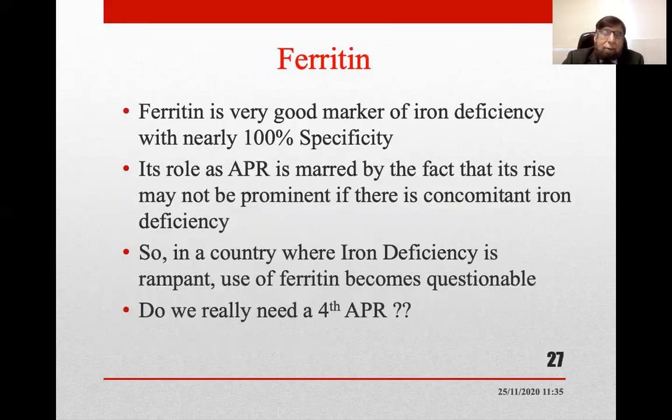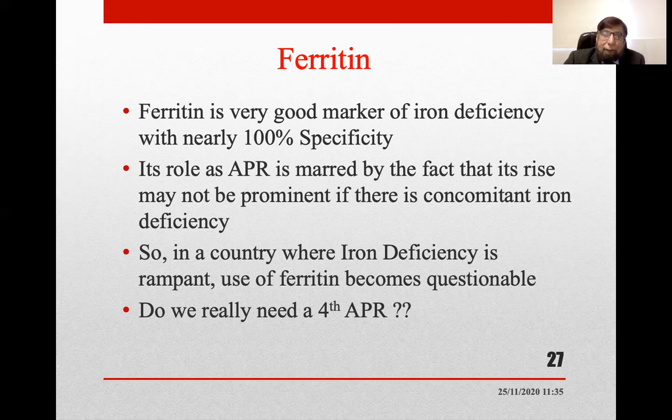Ferritin. Ferritin is also a very commonly used marker these days as an acute phase reactant. Ferritin is a very good marker of iron deficiency. It has nearly 100% specificity in iron deficiency, which means if ferritin is low, there is only one cause, which is iron deficiency. But there is a big but in it.